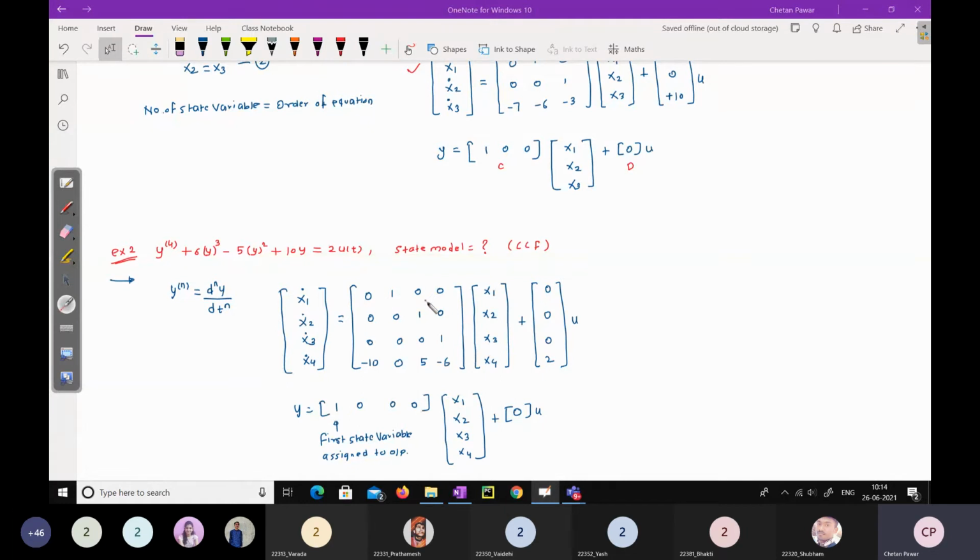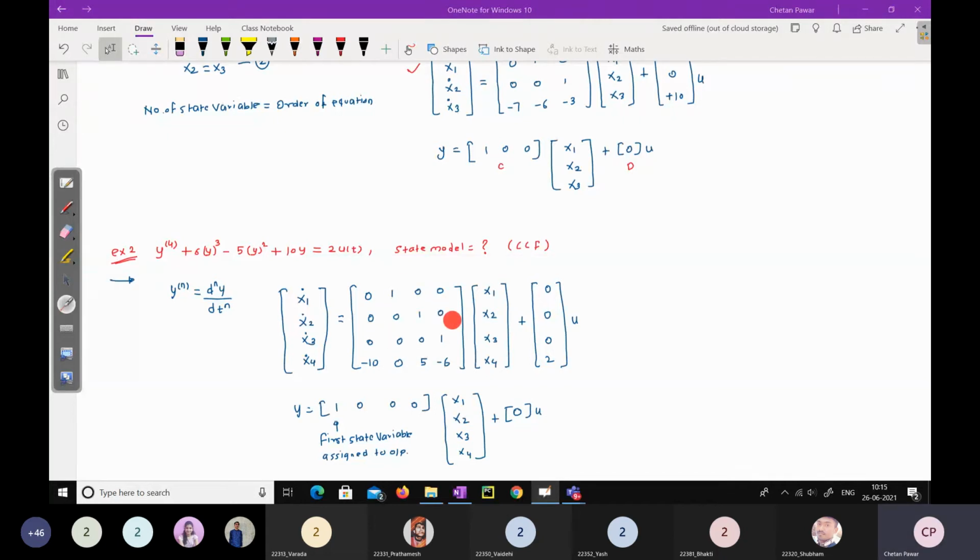The first row will be this, then the second row will be 0 0 1 0. So one you need to shift. If there are 4 variables, you just start with 0 1 0 0. Second row will be 0 0 1 0. Third row will be 0 0 0 1. You just need to shift 1 at each row. So this pattern is fixed for a fourth order.